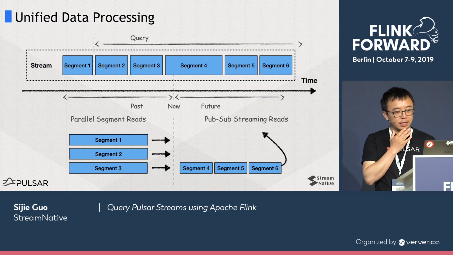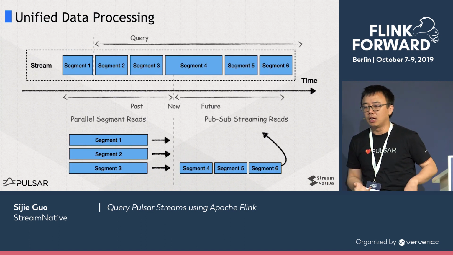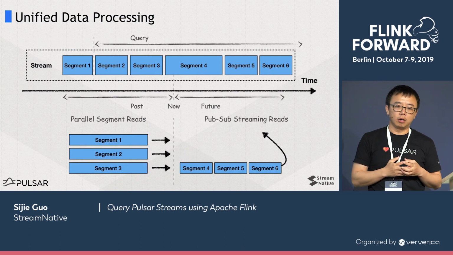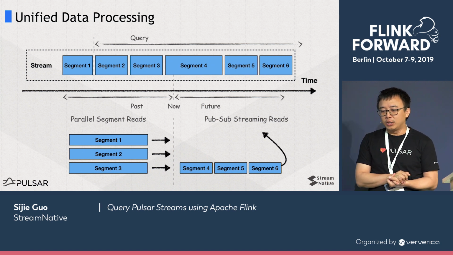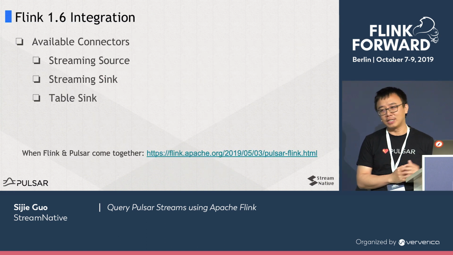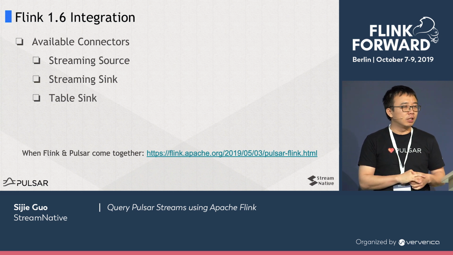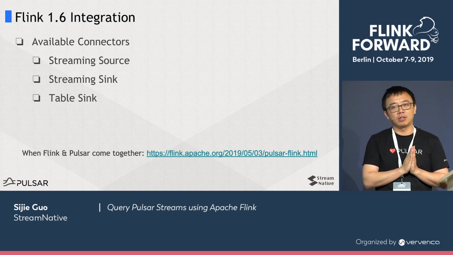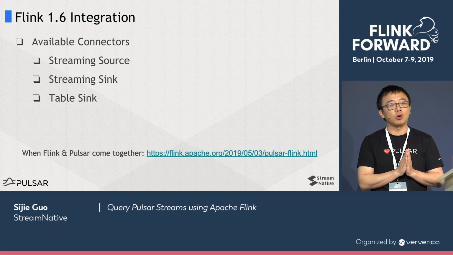So that is the foundation we have in Pulsar, and we did a lot of integration with Flink. We did an initial integration about six months ago with Flink 1.6. But at that point, the integration was very basic. It doesn't really use Pulsar as a storage system.